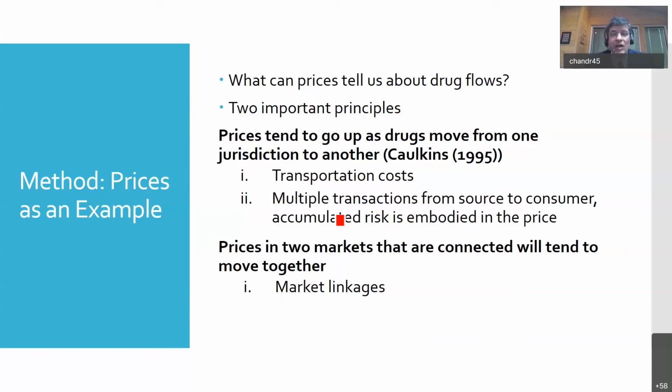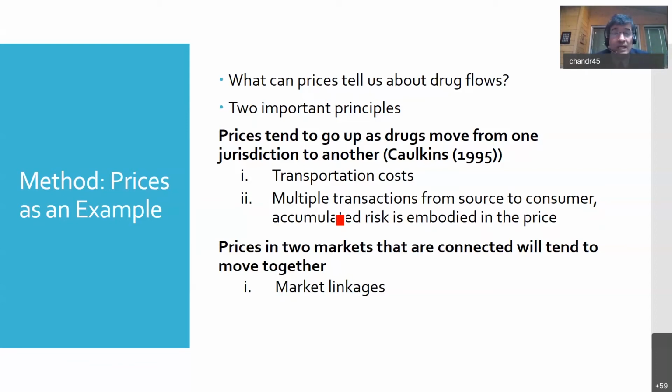Okay, and the logic is the same as the logic you'd find in any kind of good that's being transported across space. So for example, we know that in order to transport a good from the producer to the consumer, you're going to have transportation costs built in, and that's going to raise the price the farther away you go from the source.